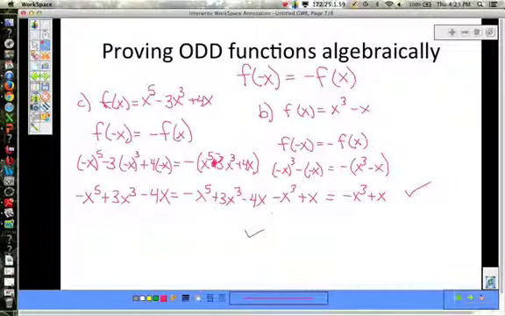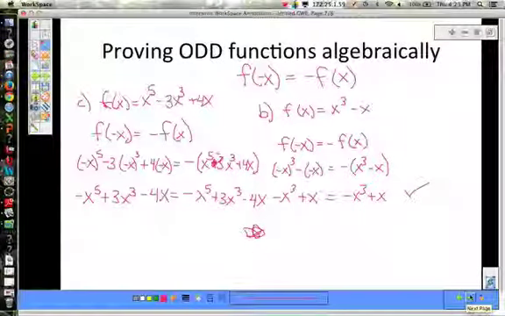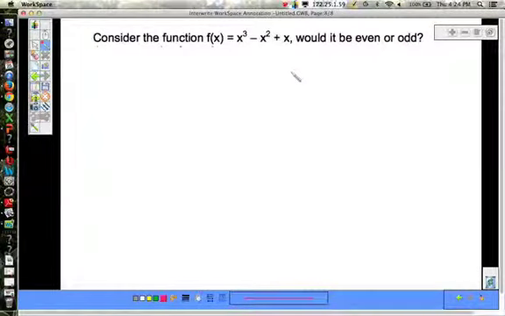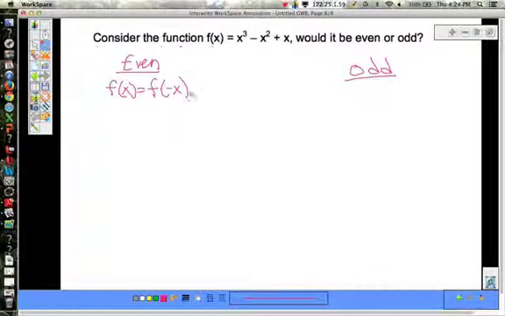All right. So the last thing we're going to take a look at, let's say we have a function, and we don't have a calculator. We can't graph this and take a look at it. We have to check to see whether it's even or odd. So again, for even, f of x equals f of negative x. So f of x, we have x cubed minus x squared plus x, and then we plug in that negative x.